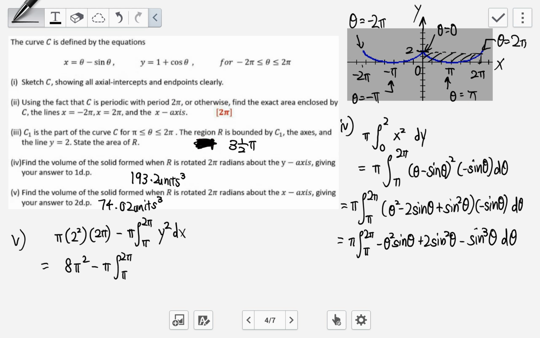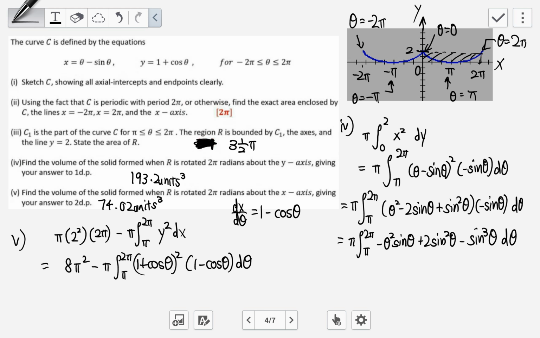So I write y as (1 plus cosine theta) squared. dx I change to d theta. Looking at this parametric equation, dx equals 1 minus cosine theta d theta.